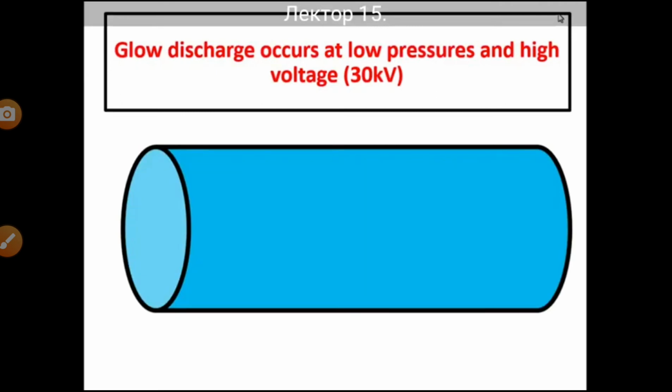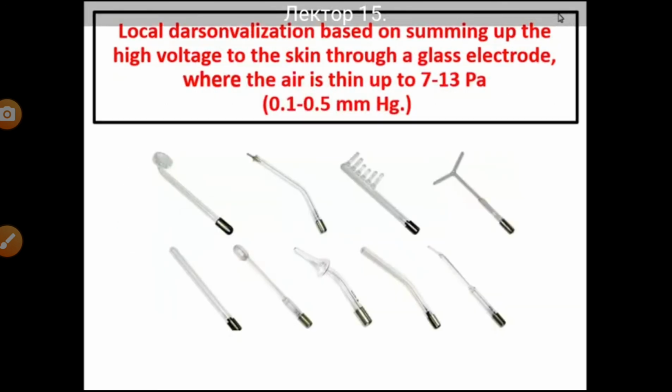Next slide. Look at the screen. This information is about local depersonalization. You write this information in your copybook. This diagram shows an important part, the apparatus for depersonalization. Only attention, look.